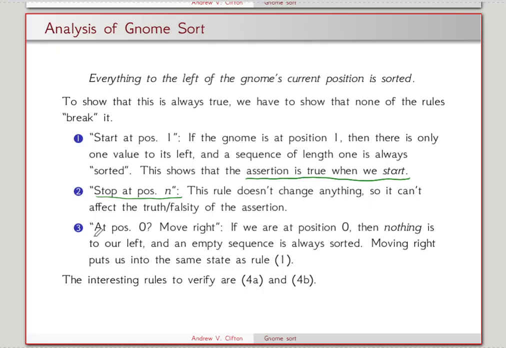The rule that says if we're at position 0, move to the right: if we're at position 0, then nothing is to our left, and an empty sequence is always sorted. So moving right puts us into the same state as the starting point. So the interesting rules are 4a and 4b. We need to verify that whenever we do 4a or 4b, if everything to the left was sorted before, after, everything to the left will still be sorted.